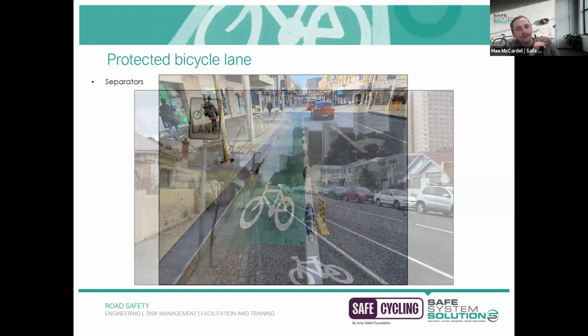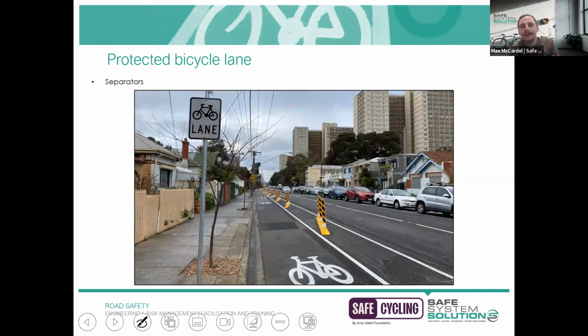Now, the ones that I do like are separated treatments that have got some degree of vertical nature to them. So typically the use of paddles or flexible bollards, really good idea, because once again it helps raise that awareness of the separation between the protected bicycle lane and the carriageway.